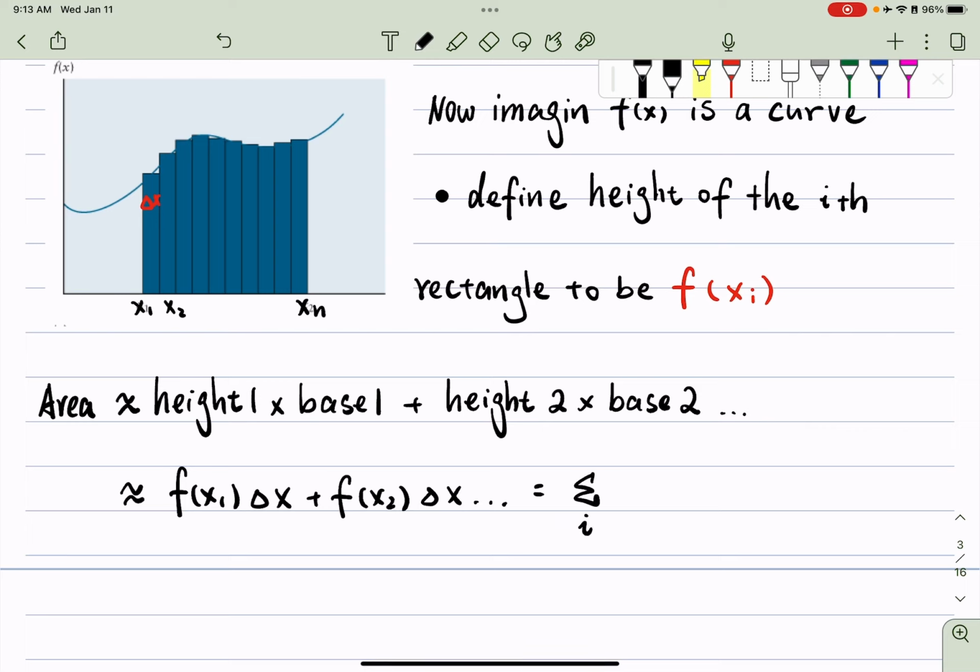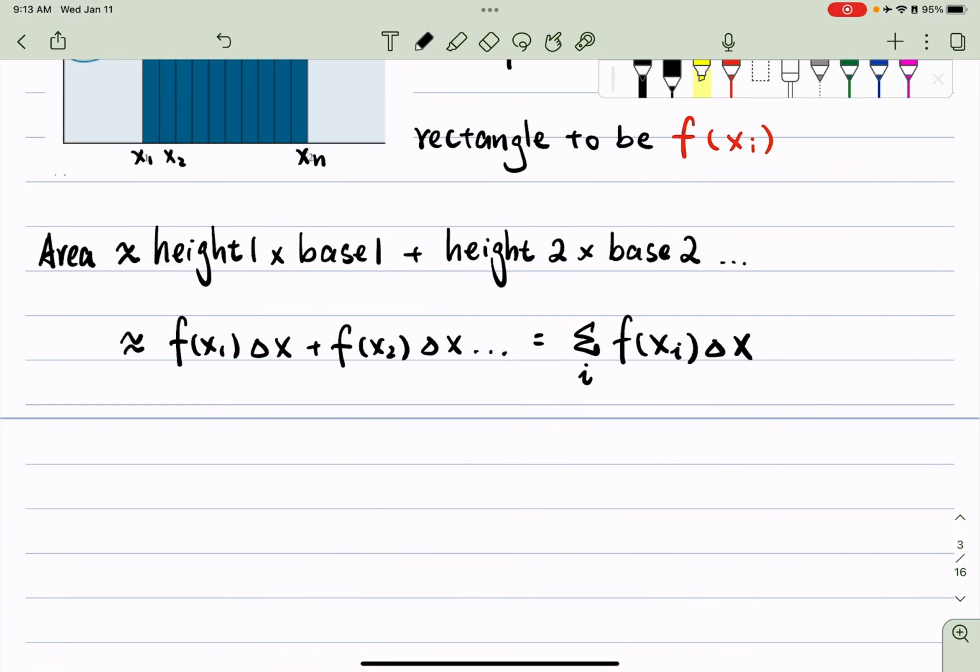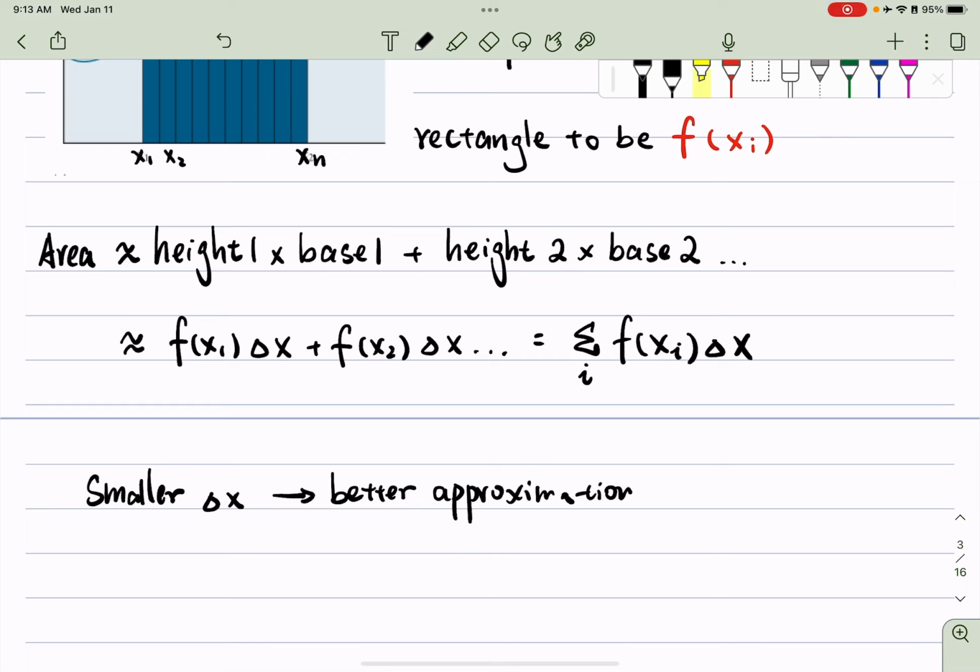For i numbers, we have f(xi) times delta x. So in this example, when my delta x is smaller, we get a better approximation of the curve.